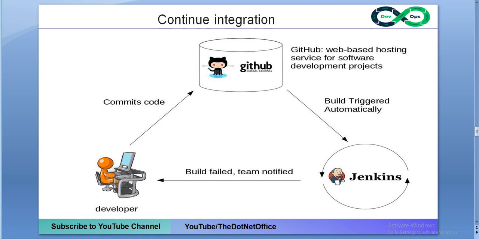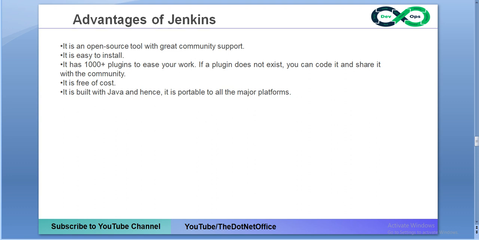If anything fails or is flagged by the team, it goes back to that particular developer, or we can say that particular branch is assigned back to that developer. So that is continuous integration. If we use the Jenkins server, then what are all the advantages?